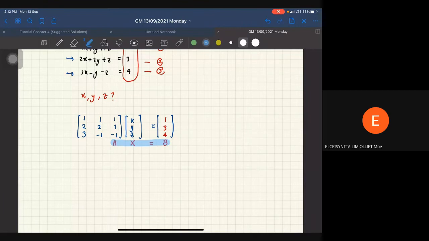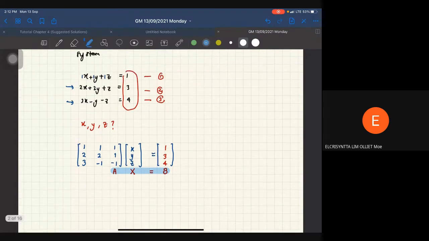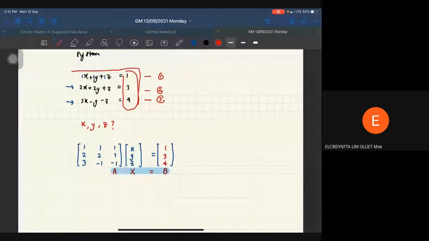Okay, so first step kita mestilah ada 3 equation. Okay, so contohlah kalau soalan tu soalan yang ada ayat yang panjang-panjang kan. So awak kena fahamkan dulu apa soalan tu cakap and then extract informations from the sentences. Okay, so benda ni wajib ada. Ini first thing yang awak kena ada.